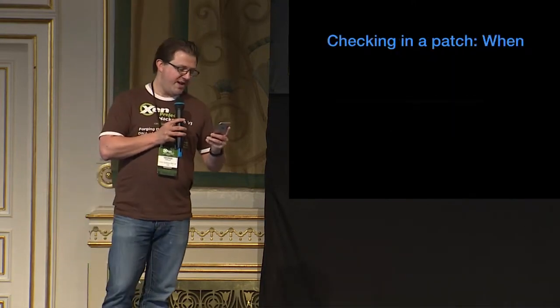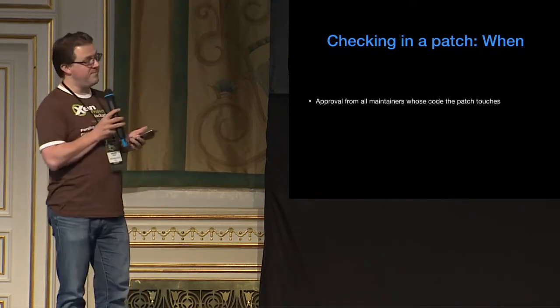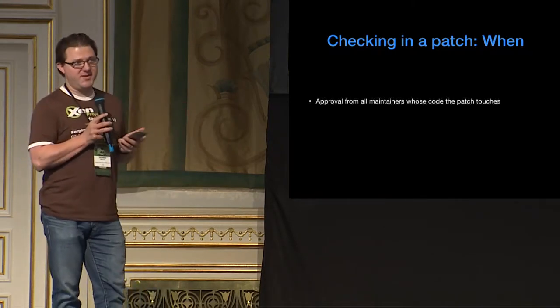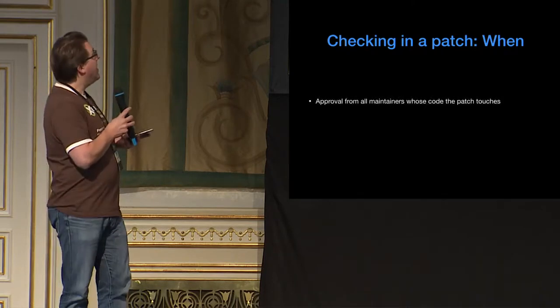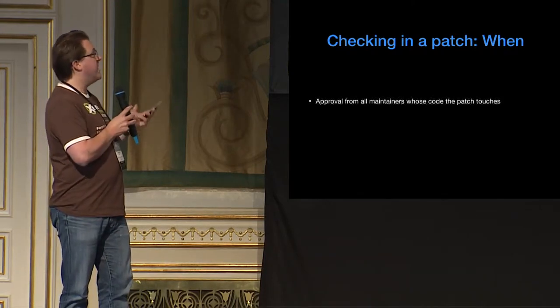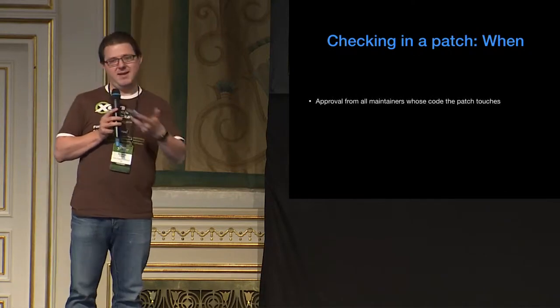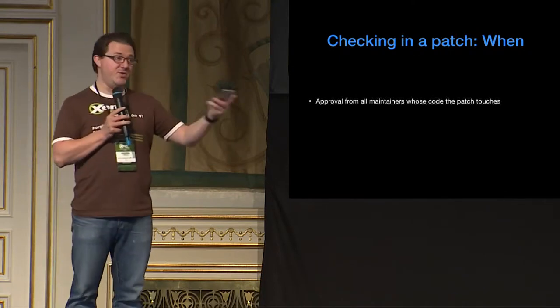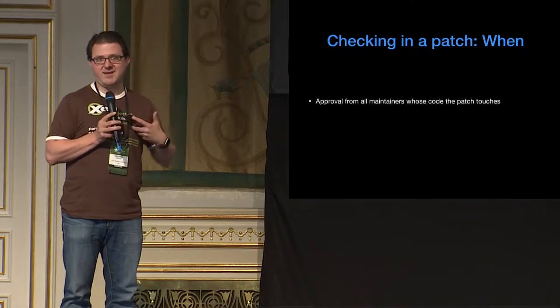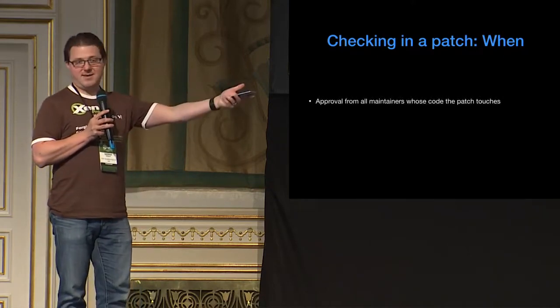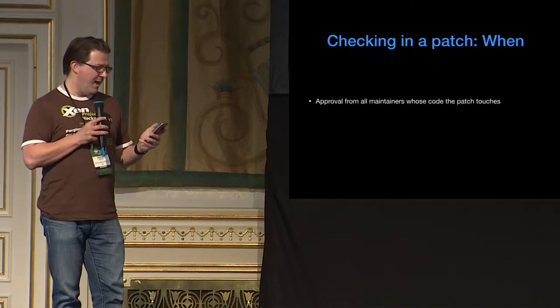Okay, so when does a patch actually get checked in? The requirements, under normal conditions, for a patch to be checked in are, you have to have approval of all the maintainers whose code the patch touches. So if your patch touches some of the MM system and the tooling system, then you need my ACK as the MM maintainer, and you need the tools system maintainer's ACK.